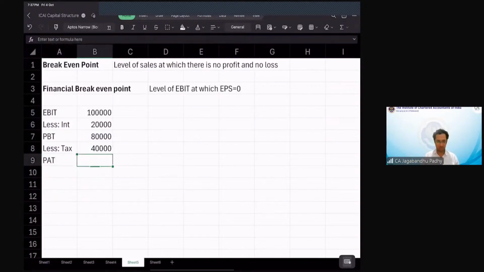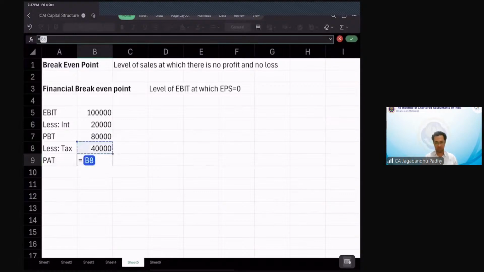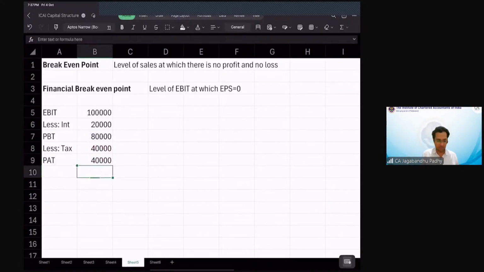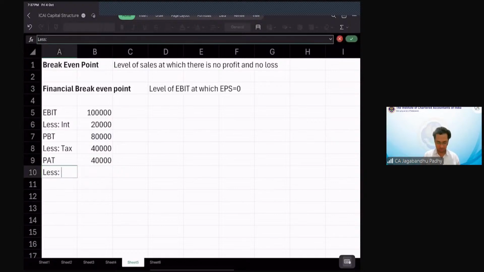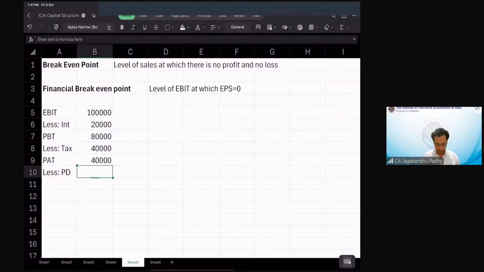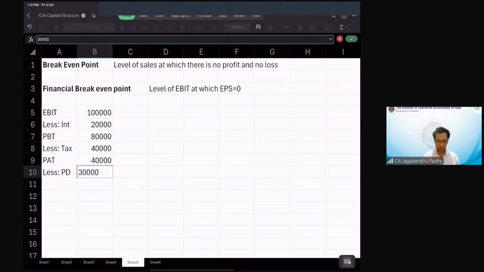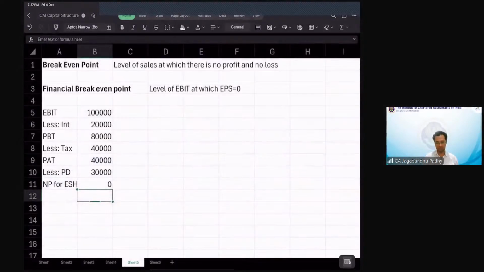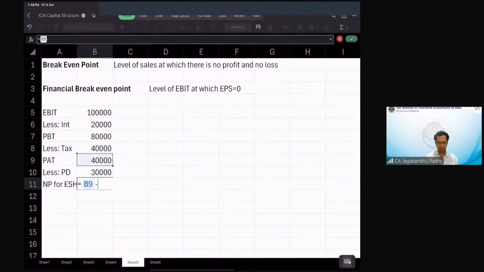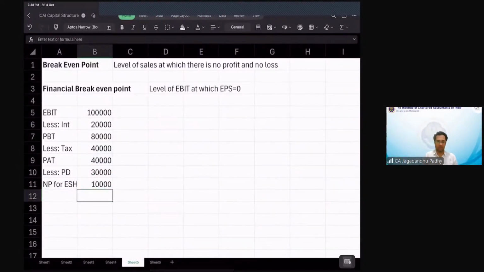Then we get a profit after tax of 40,000. Then we subtract the preference dividend. Preference dividend is, let's say, 30,000. So net profit for equity shareholders is coming out to be 10,000.